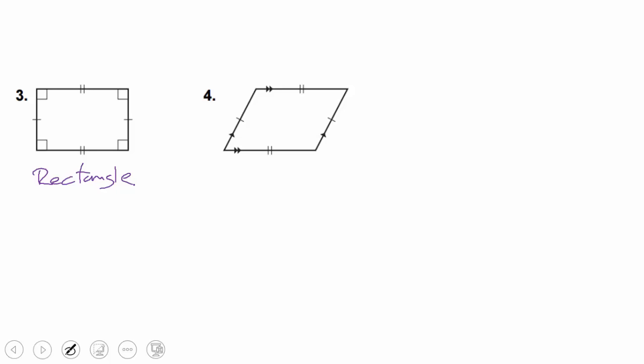This time it's kind of on an angle, so we don't have right angles in it. And the opposite sides are congruent, so what are we going to call this one? That's right. We're going to call this one a, yeah, you thought I was going to tell you, didn't I? A parallelogram.